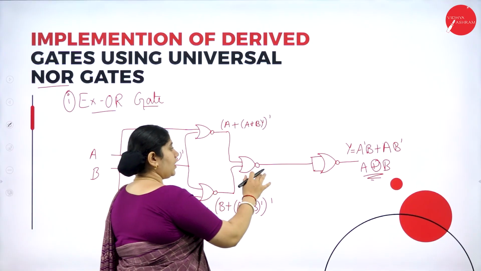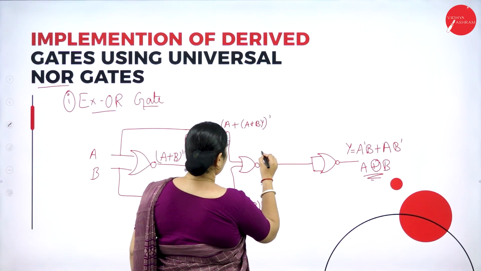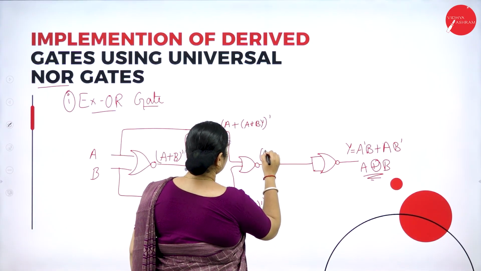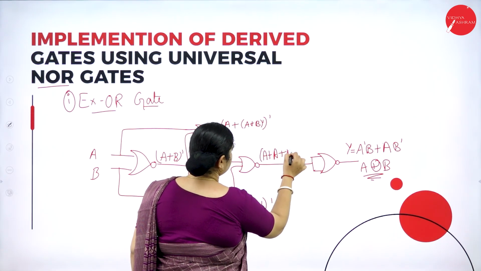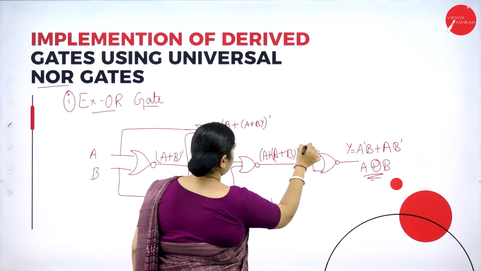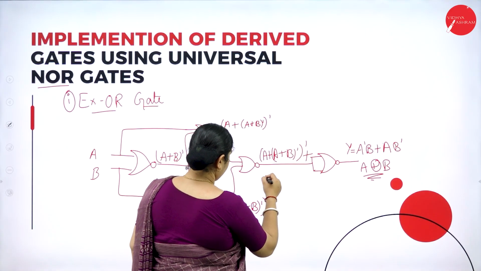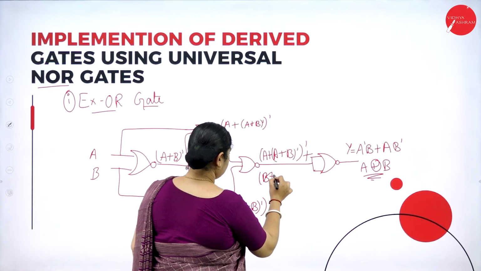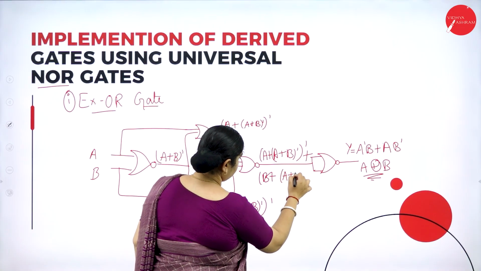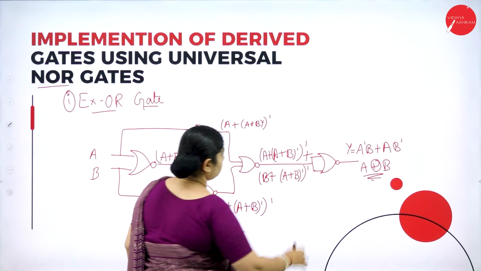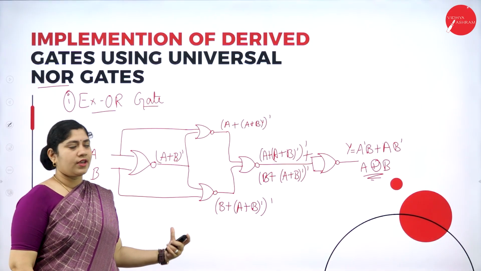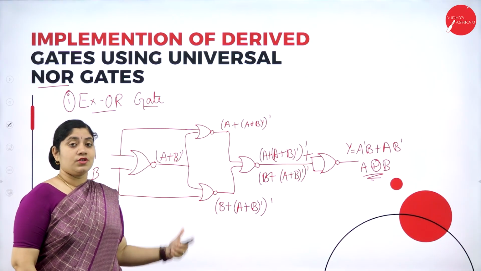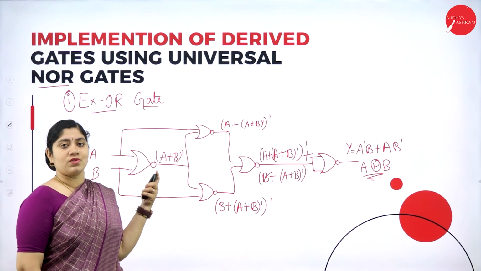For that, we have to again use a complement form. This is all about implementing a simple XOR gate by using our NOR gate. So the first derived gate is also realized.